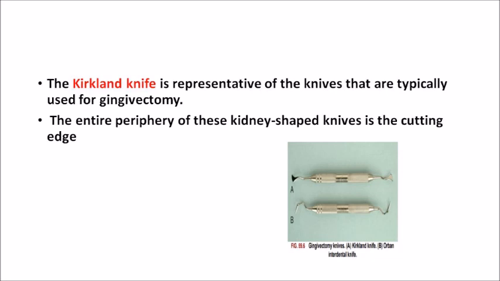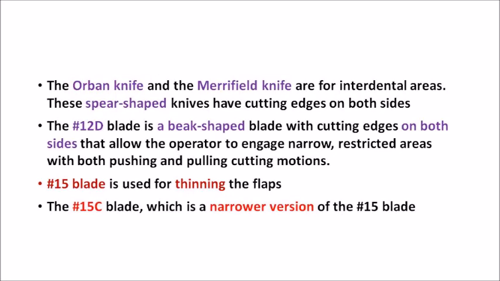It is a spear shaped knife. Similar to Orban, we have Merrifield knife, which is also a spear shaped knife, and they have cutting edges on both their sides. And the same spear shaped knife with sawtooth indentation is known as a Wedelstaedt knife. So Kirkland, Orban and Merrifield and Wedelstaedt. You have to be familiar with all the terms.